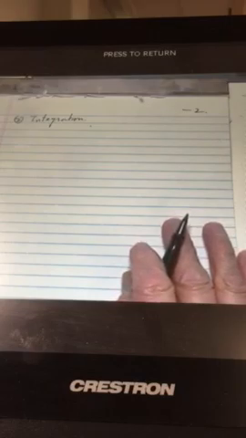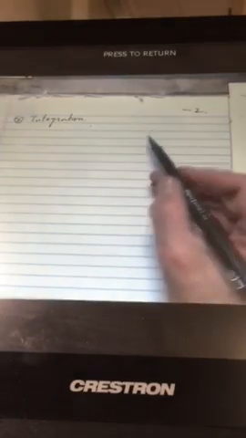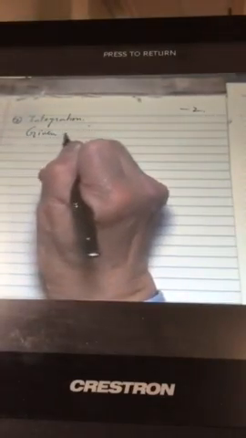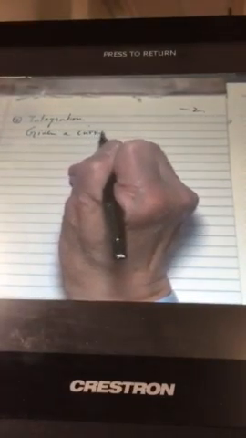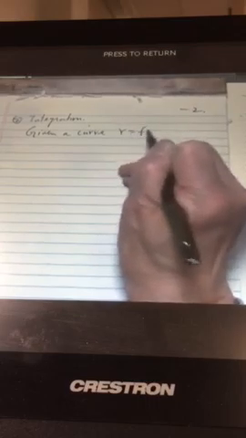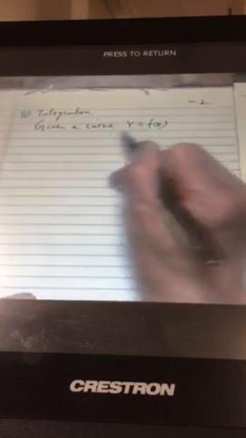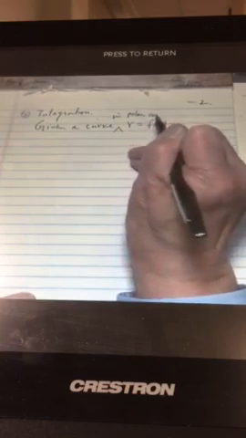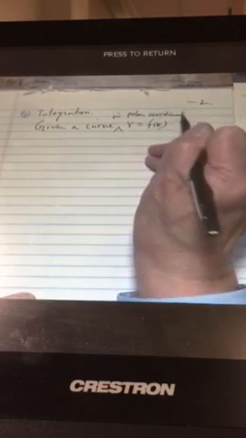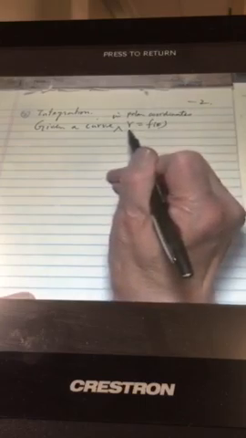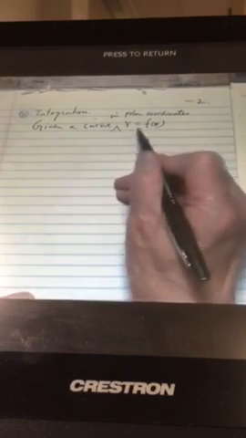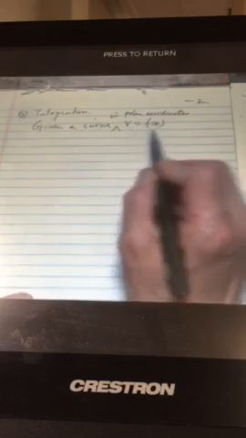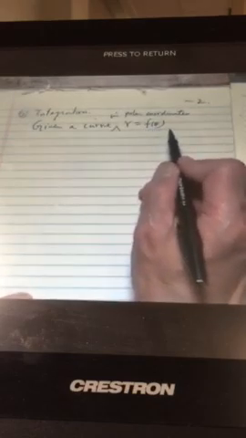So given a curve r equal to f of theta, a curve in polar coordinates, described by r equal to f of theta for some function f.